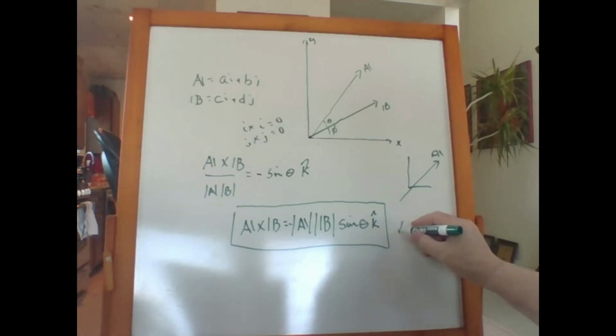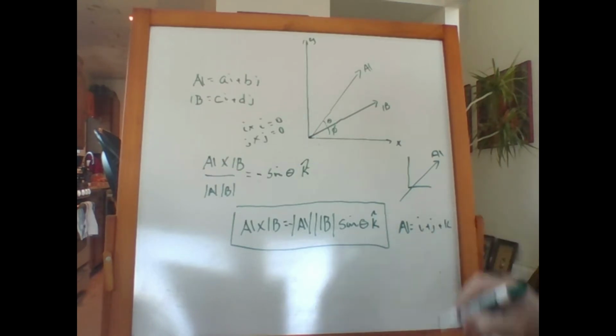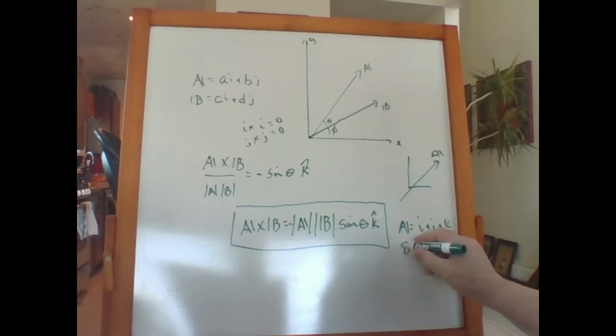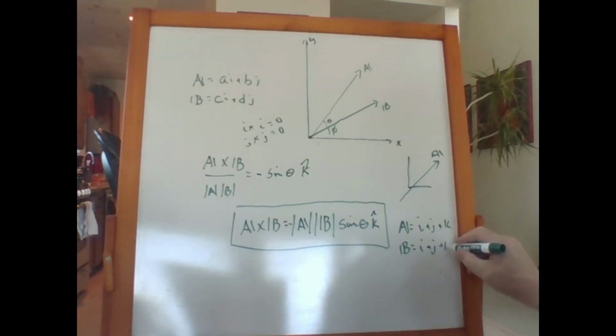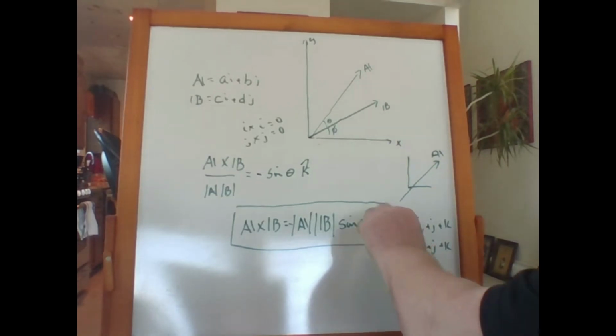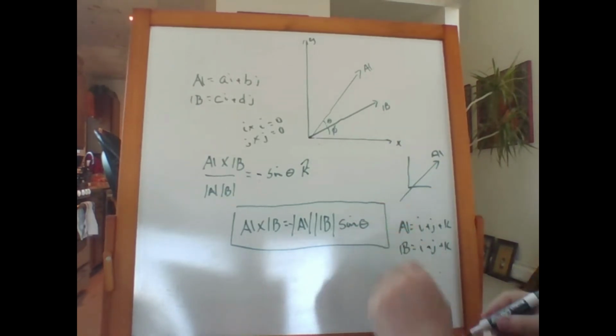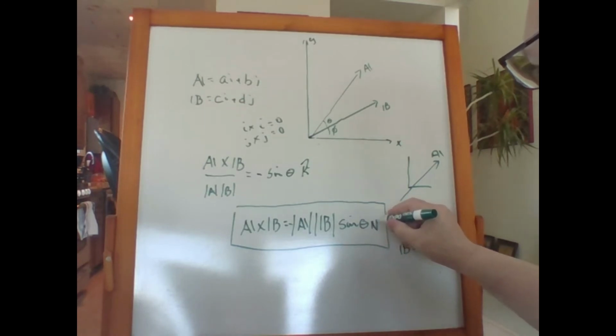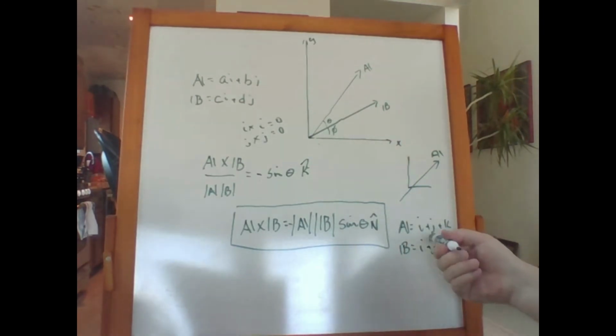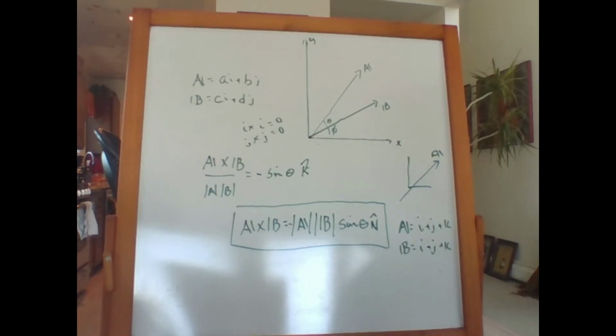A has i, j, k components, and B has i, j, and k components. Then this generalizes to a vector n that's normal to the plane of these two vectors. So that's a cross product for you.